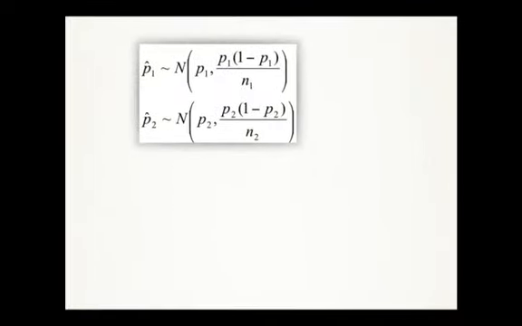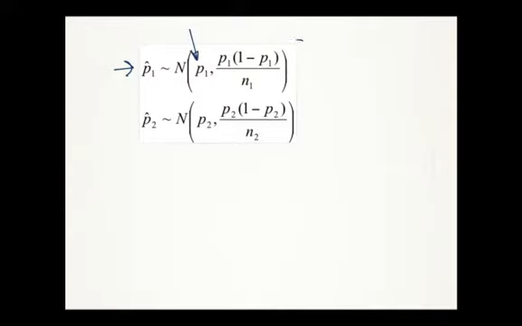Just as in the one sample case, one approach is to use the normal approximation to the binomial when we have a large enough sample size. And we do that because we need estimates of the variance. So we know that P1 hat is normally distributed with mean of the actual population parameter, and here is the variance. And similarly for P2 hat, it's normally distributed with mean the actual population parameter, that's called being an unbiased estimator, remember?